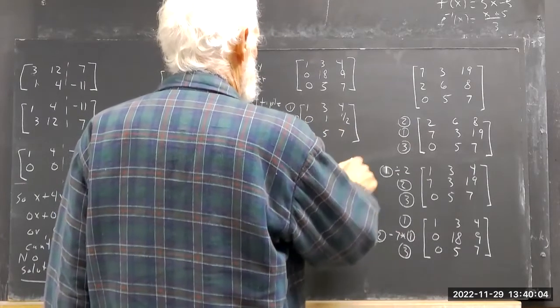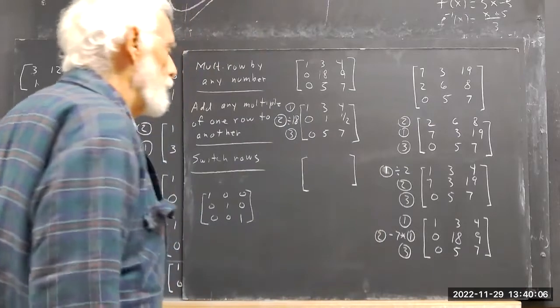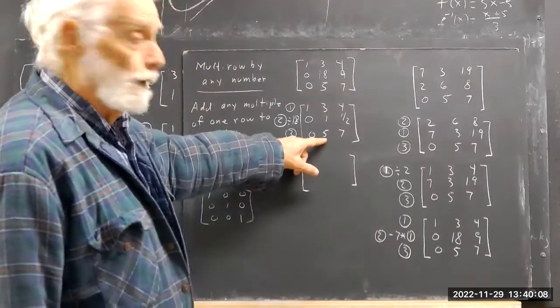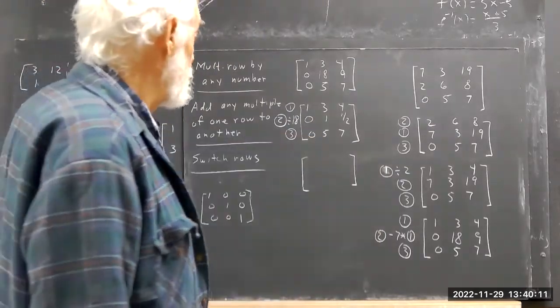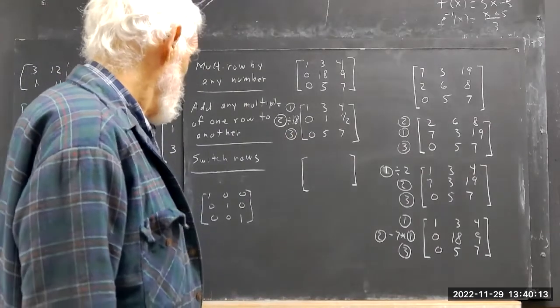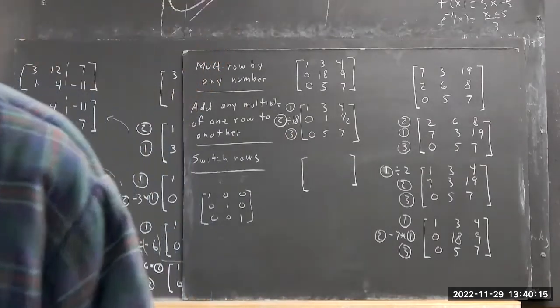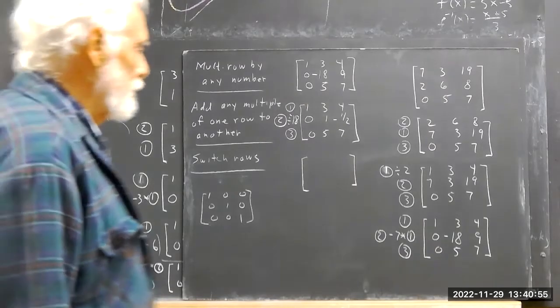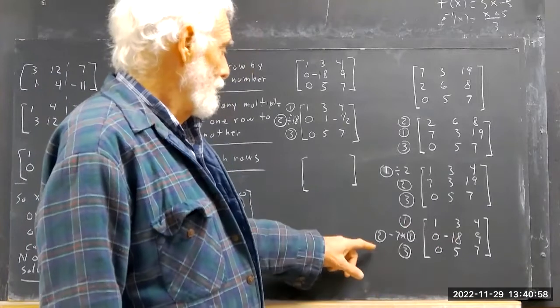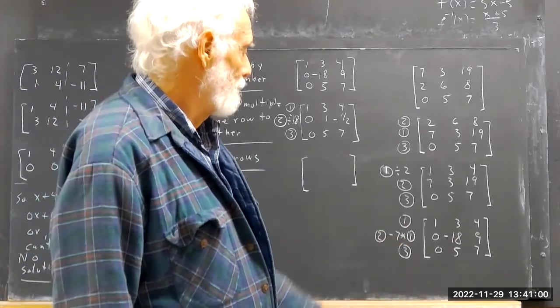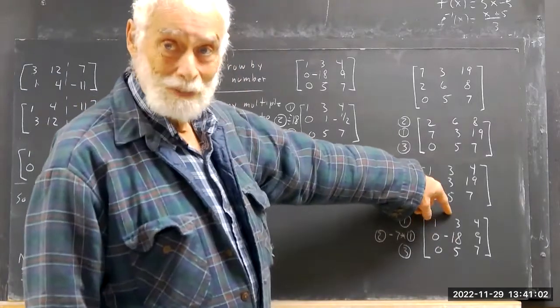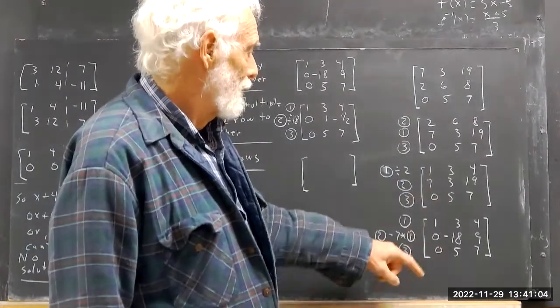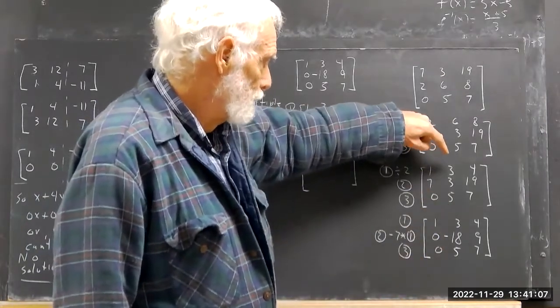But in the next step, I can get rid of this 5 easily. Okay, looks like I've done something else. So I'm glad somebody's watching. Okay, what is this? 2 minus 7 times 1. Minus 7 times 3 is negative 21.